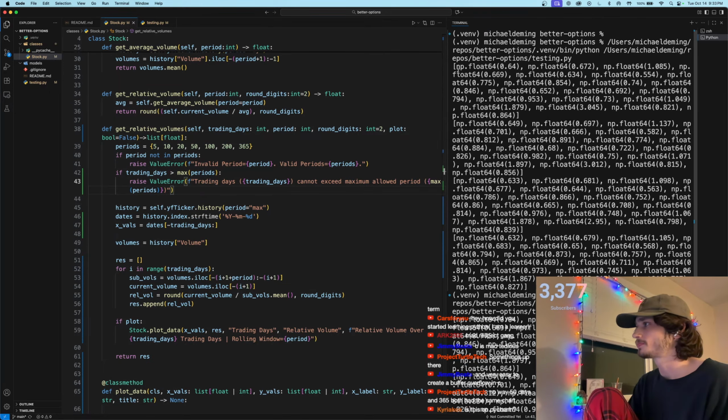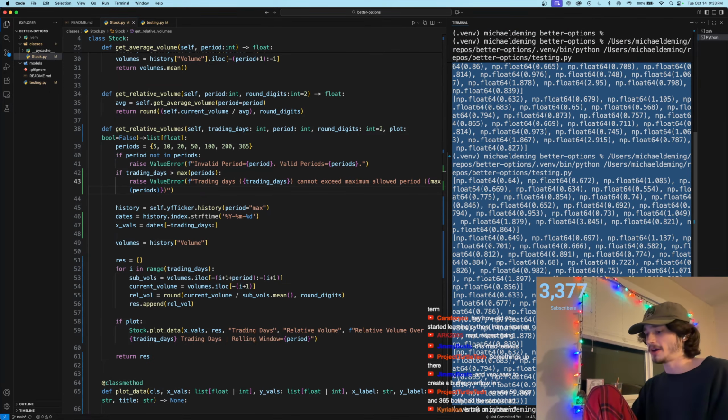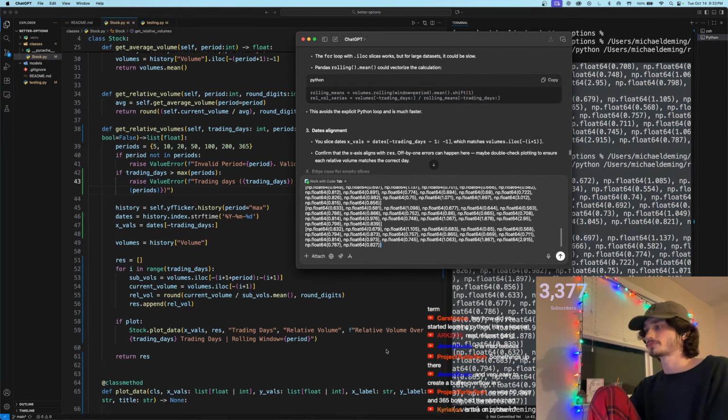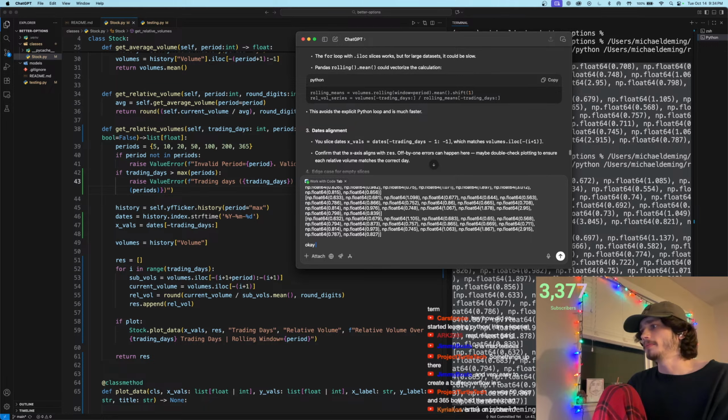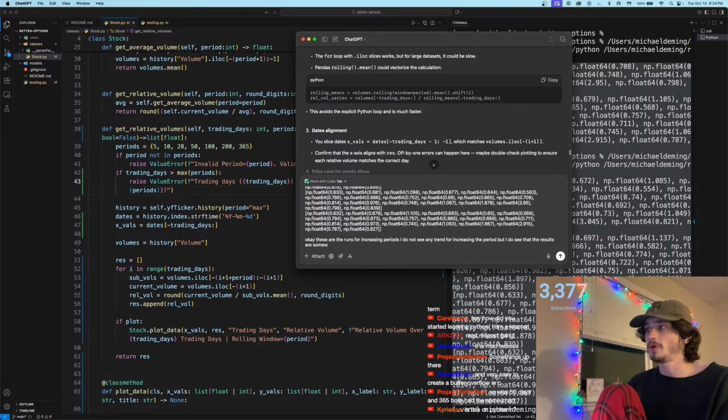Okay, I'm going to take these values here. I'm going to copy them. I'm going to go here. These are the runs for increasing periods. I do not see any trend for increasing the period, but I do see that the results are somewhat consistent with some variation as more data is implemented.